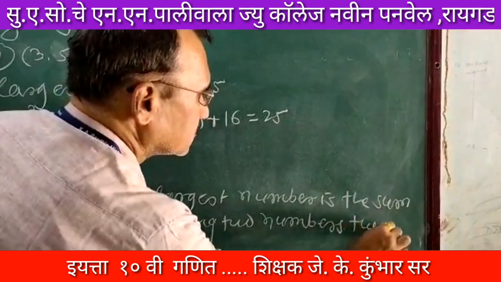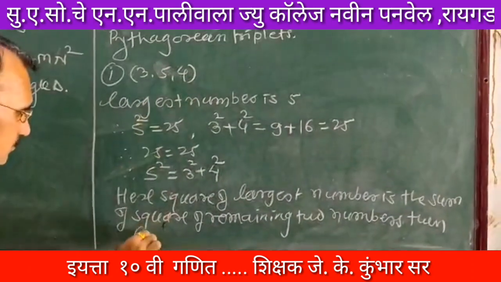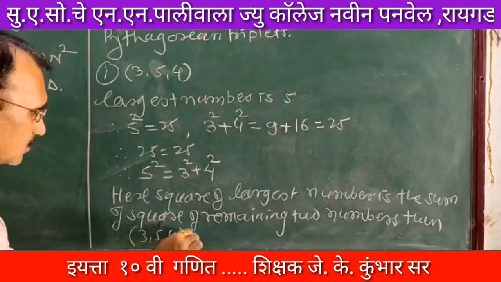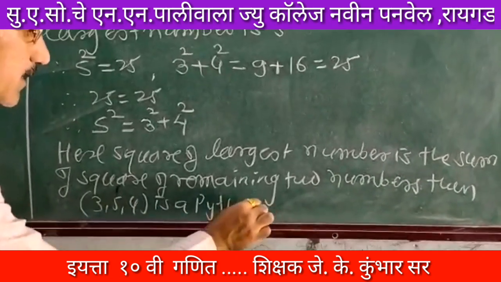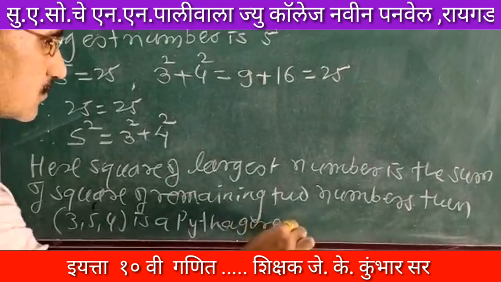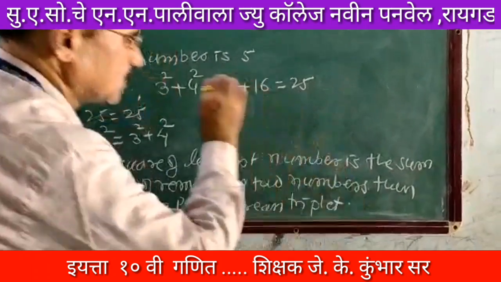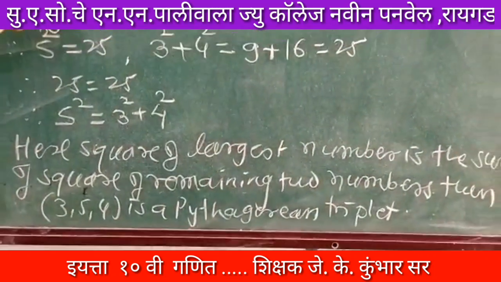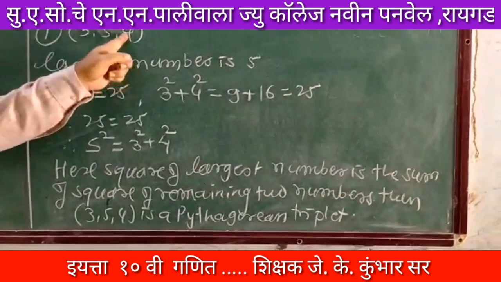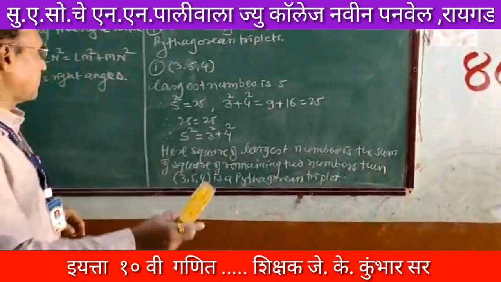Then 3, 5, 4 is a Pythagorean triplet. If the square of the largest number is equal to the sum of squares of the remaining two numbers, then and then only these three natural numbers are a Pythagorean triplet.